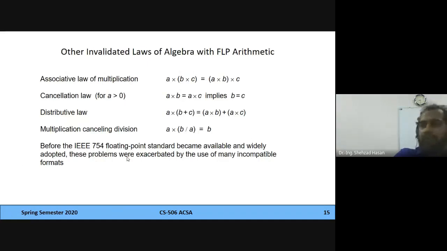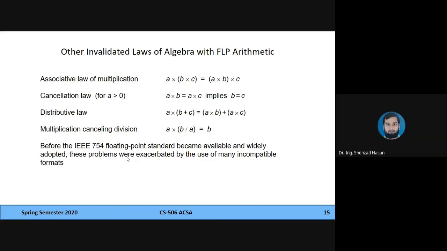And then there are the other laws like the associative law of multiplication and the cancellation law. The associative law of multiplication was the main thing that we discussed in our first example, when we were talking about arithmetic, which was the example of why the Patriot missile could not intercept the Scud missile coming from Iraq.